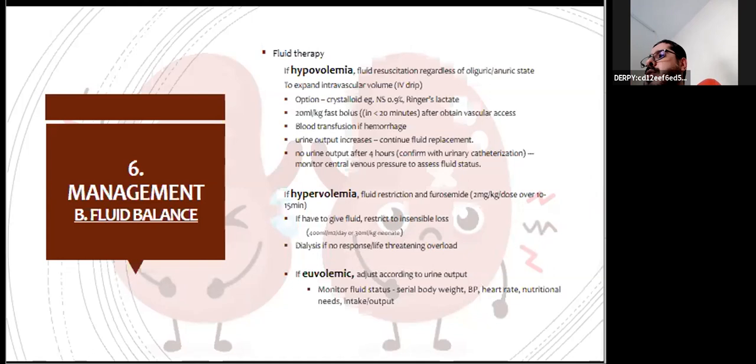If body surface area is 1 meter square and you drink 2000 ml, what will come out is 1600. 400 will stay in your body because it comes out by insensible loss. It will not come out as urine. Clear?